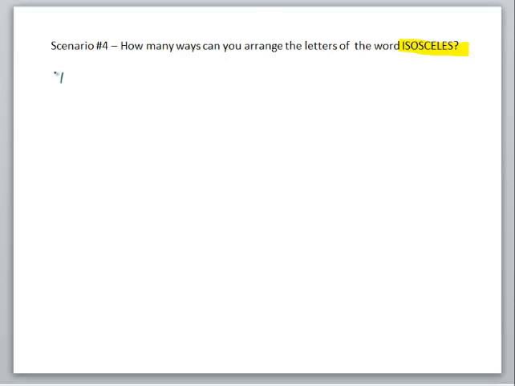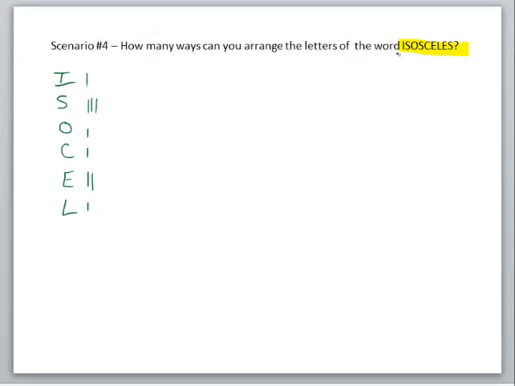I have a letter I, I have a letter S, I have a letter O, then S is repeated, so I have 2 S's. Then I have a C, then an E, okay, then an L. Okay, the E is repeated a second time, and then my S is repeated a third time. So I, O, C, and L, those all only occur once.